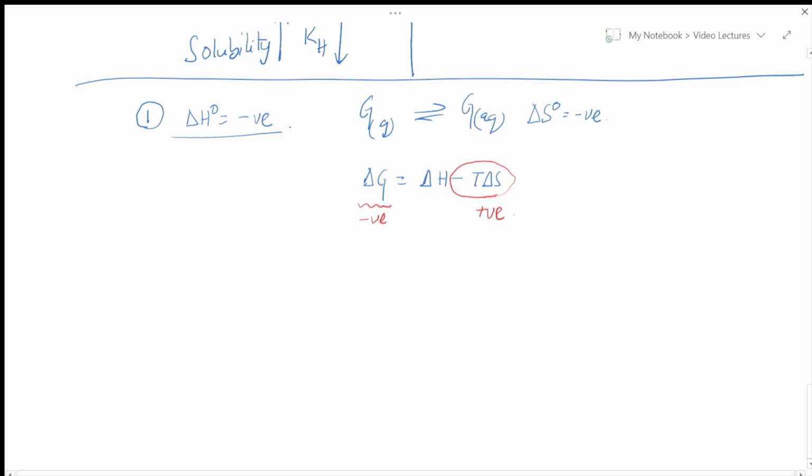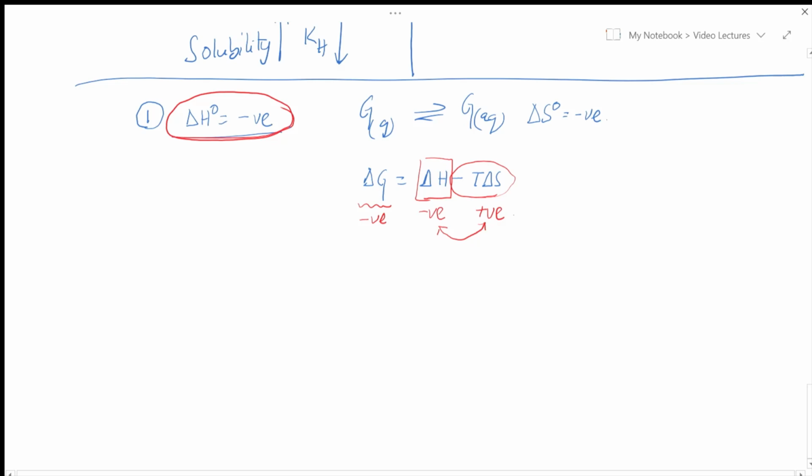You want it to be negative, which means delta H has to have a negative sign. And the negative sign has to overcome the effect of minus T delta S. Only then is it possible that delta G will be negative and dissolution will be spontaneous. So any scenario which involves dissolution of a gas to make a solution is possible only when exothermic dissolution takes place.